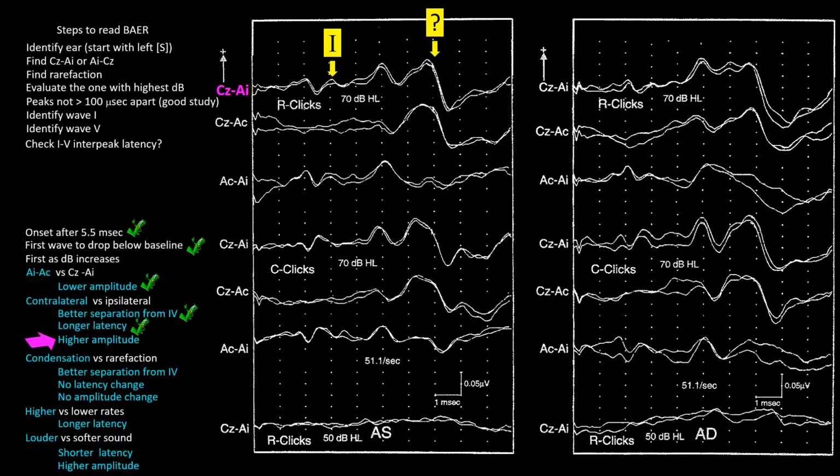So this item does not support that the putative wave 5 we've been looking at is the real one. Nevertheless, despite this last contradiction, I think that there is enough data to support that the putative wave 5 that we have been analyzing is the real wave 5. So we can conclude that the initial selected wave, although with a slightly longer peak latency than initially suspected, is wave 5.